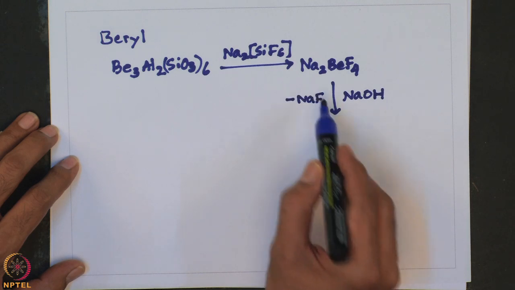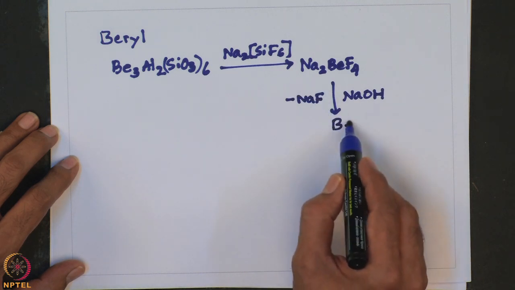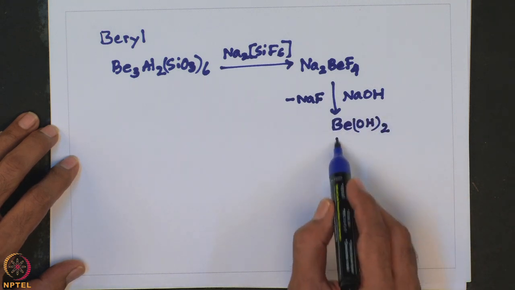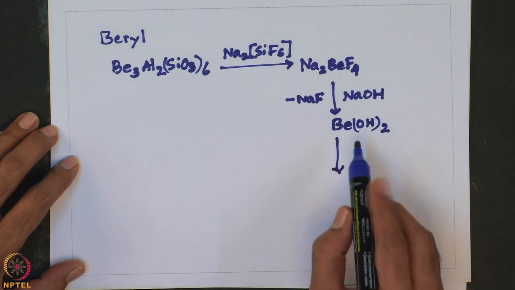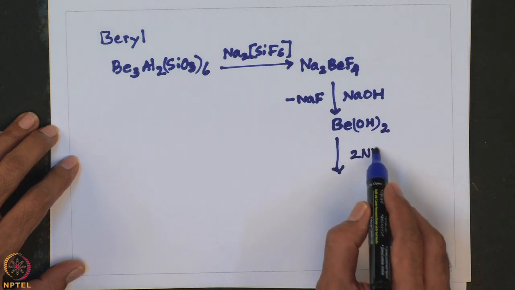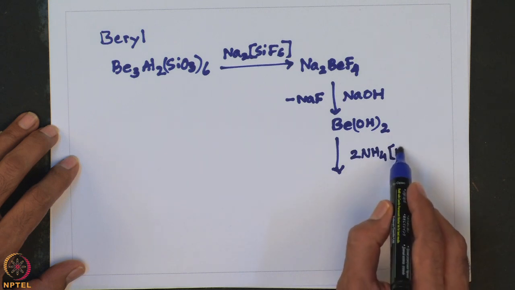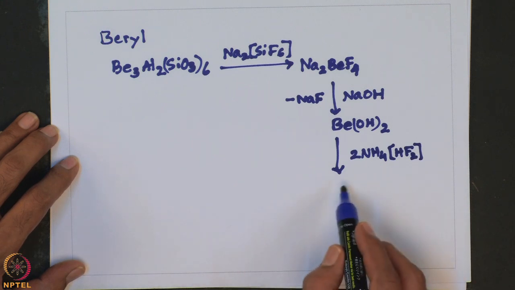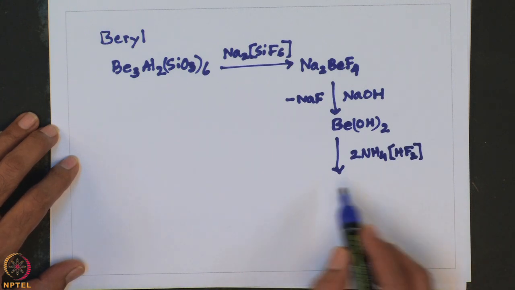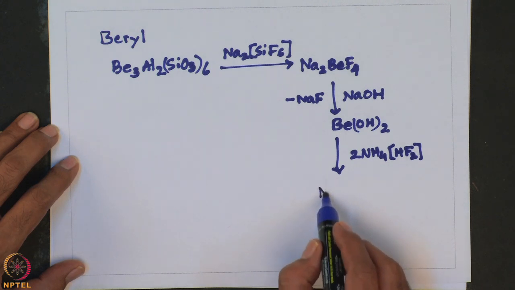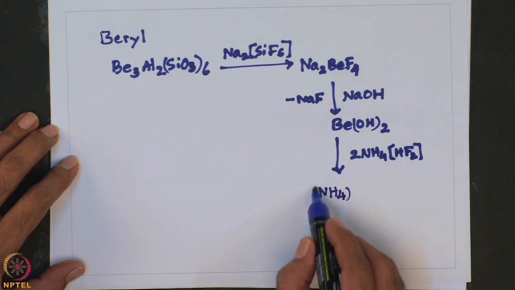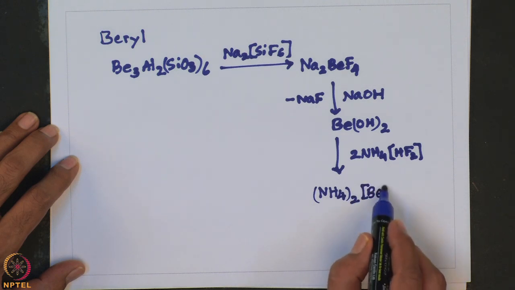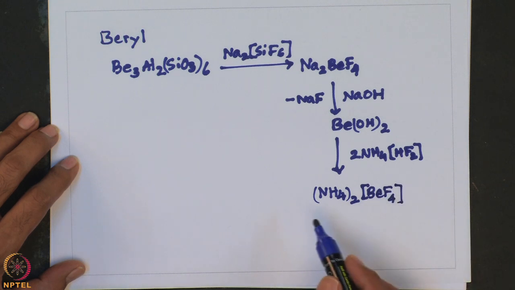leads to the formation of sodium fluoride, and beryllium hydroxide will be separated, and on treatment of beryllium hydroxide with this salt, gives beryllium tetrafluoride, okay.